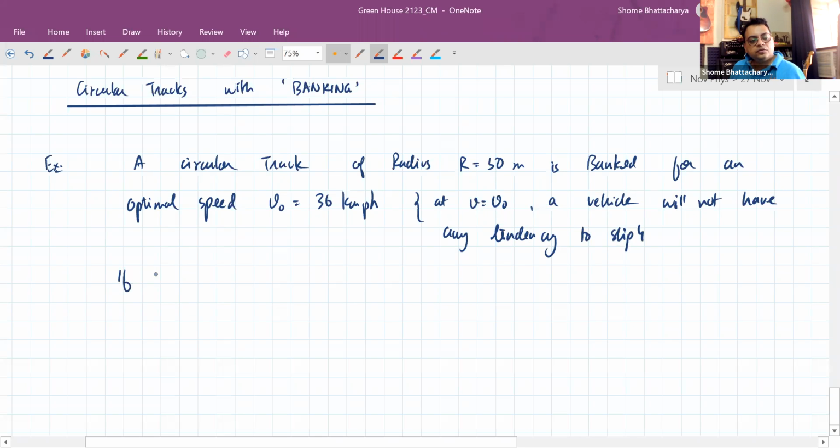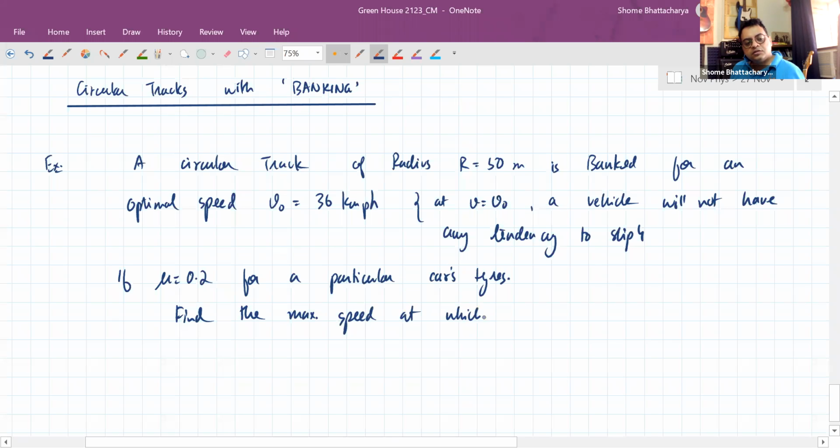So if mu is, let's say, 0.2 for a particular car's tires, find the maximum speed at which it can negotiate the turn without slipping.